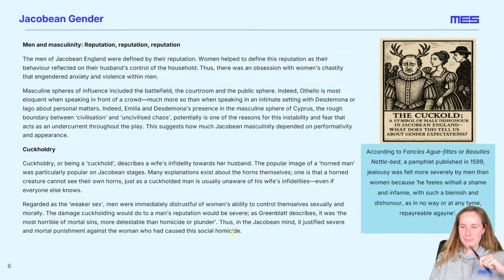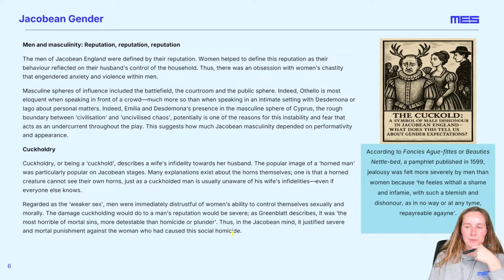Interestingly, in the blue box above me, this is quoted from a pamphlet from 1599, where we have this idea that jealousy was felt more severely by men than women because, and this is not mistyping, this is the spelling of the pamphlet from 1599, he feels withal a shame and infamy with such a blemish and dishonour as in no way or at any time repayable again.